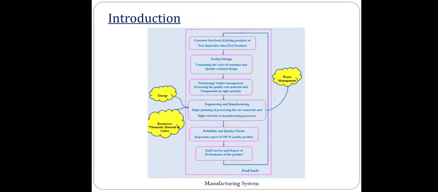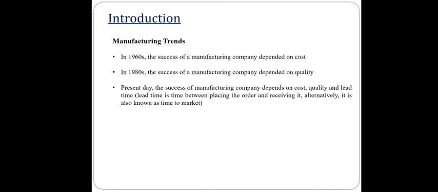Now this product is checked in the checking department, and then goes into the market, and we get the feedback of that product, and based on that feedback, changes occur in that product. So this is all about the manufacturing system.